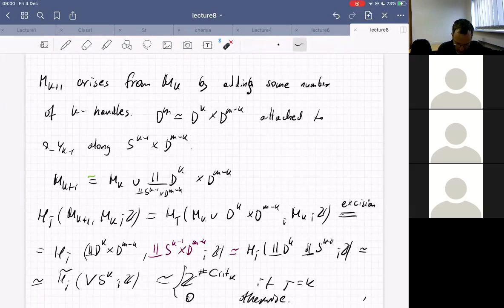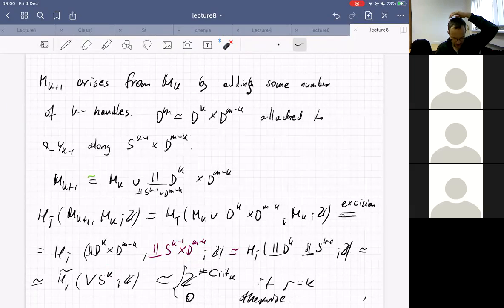So what is going on here? Here I have a relative homology group, and the relative homology group can be passed to the reduced homology group of the quotient. So when I collapse this to the base point, I get a wedge of k-dimensional spheres. The picture is that you have a disk, you collapse the boundary, you get a sphere.